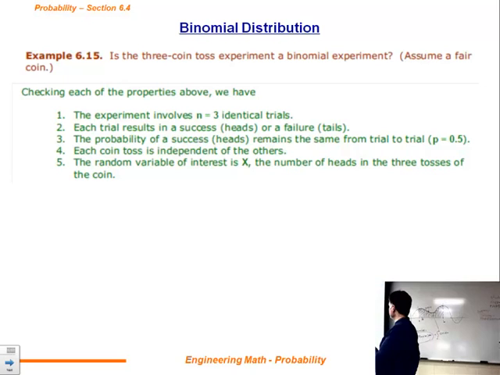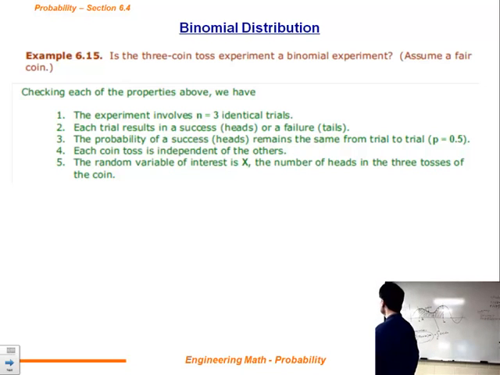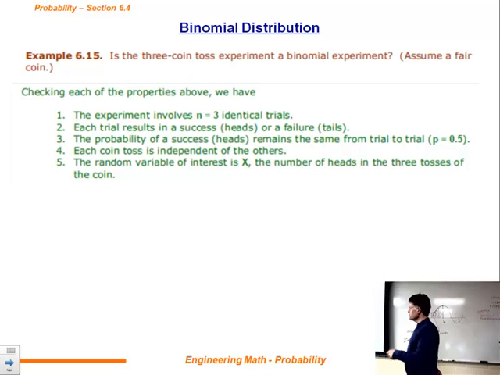The probability of success remains the same from trial to trial, and if it's a fair coin, that probability is 1/2. Each coin toss is independent of the others, and we're interested in the number of heads. So in this case, we consider heads to be success and tails to be failure. The number of heads in a 3 coin toss experiment is the random variable of interest.